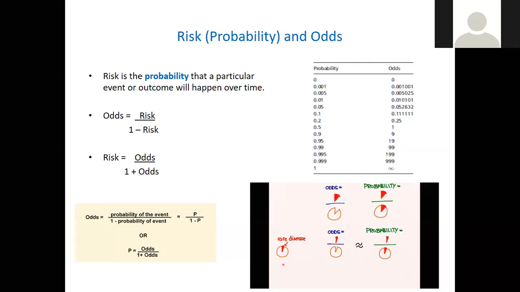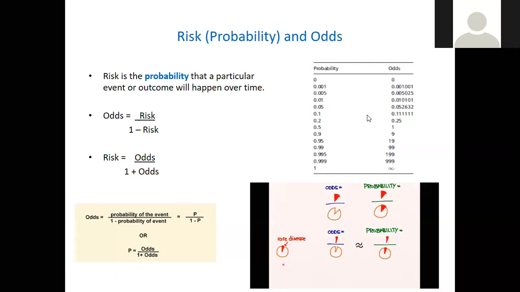Many people that try to bet, maybe for sport, use odds rather than probability, because the probability has a narrower range, whereas the odds, you can say, goes from 0 to infinity.